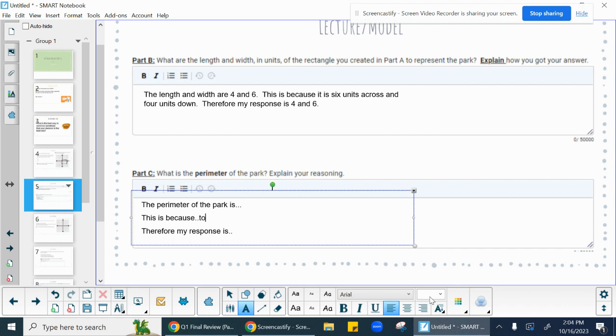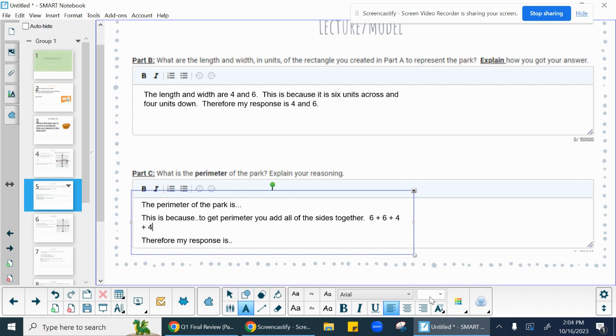To get perimeter, you add all of the sides together. So let's add all of the sides together. The top and the bottom were each 6, plus the left and the right were each 4. 6 plus 6 is 12, plus 4 is 16, plus another 4 equals 20 units.